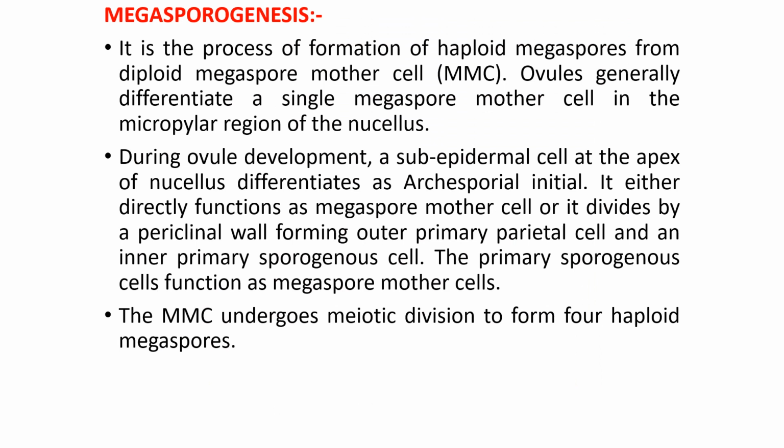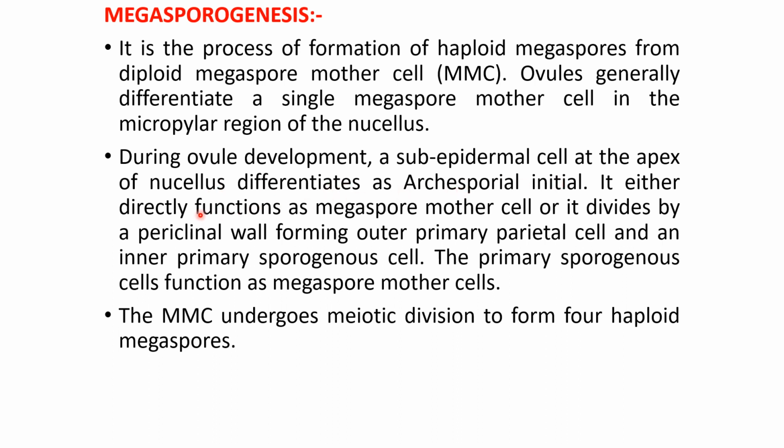Megasporogenesis. Megasporogenesis is the process of formation of haploid megaspores from diploid megaspore mother cells. Ovules generally differentiate a single megaspore mother cell in the micropylar region of the nucellus. During ovule development, a subepidermal cell at the apex of the nucellus differentiates as the archesporial initial.